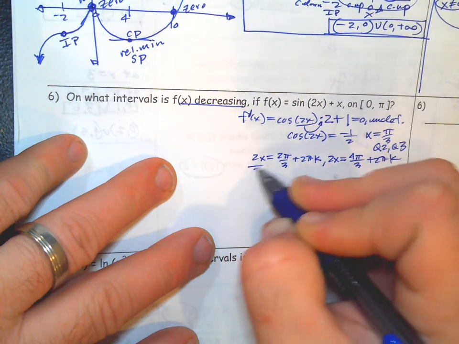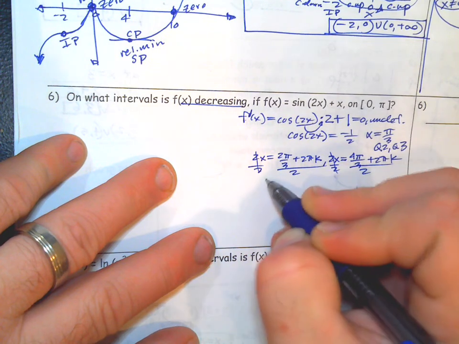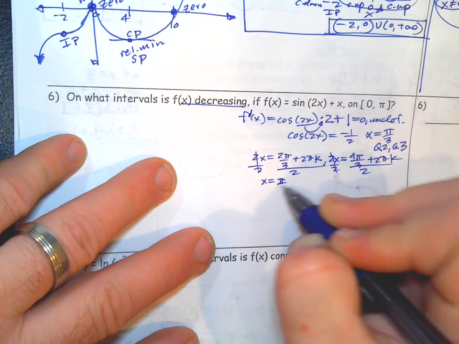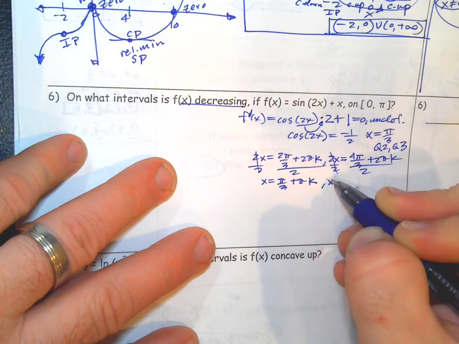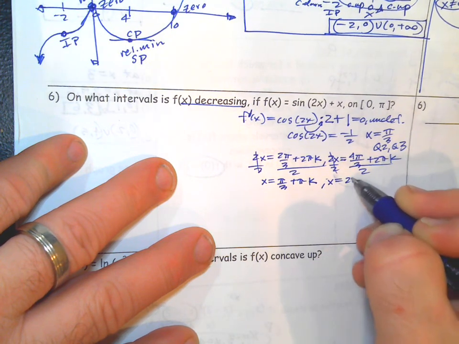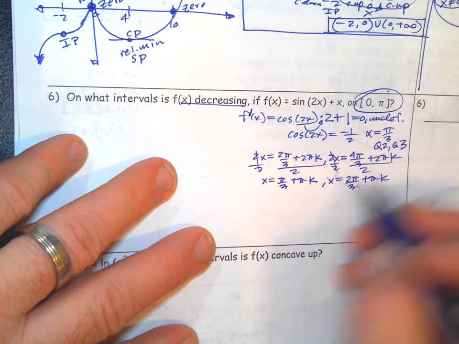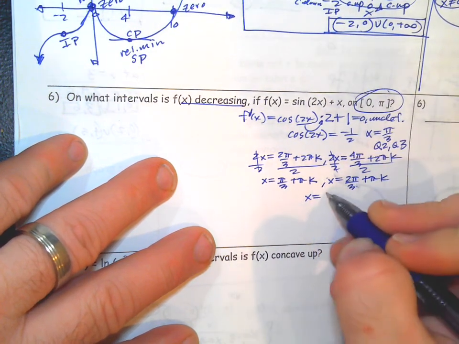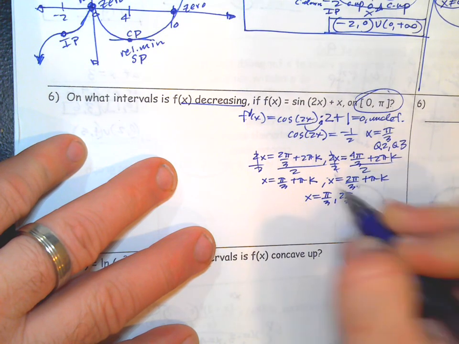And then we divide by 2. And we get x equals pi over 3 plus pi k, and x equals 2 pi over 3 plus pi k. Now we only want the critical points between 0 and pi, so we're going to go with pi over 3 and 2 pi over 3 for critical points.